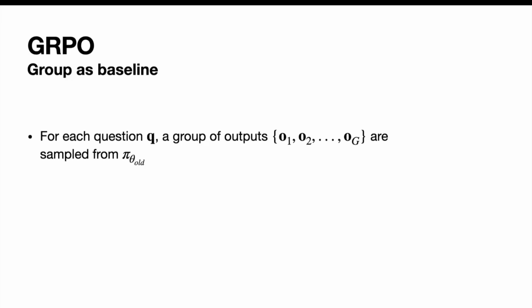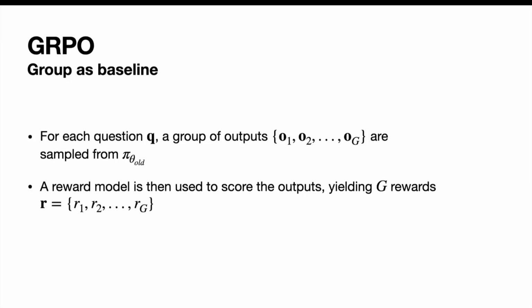Now, let's see how GRPO computes the advantage. For each question q, we sample a group of answers from the old policy pi theta old. We denote them as o_1, o_2, and so on up to o_G. Then, the reward model scores each answer, giving us G reward scores, r_1, r_2, and so on up to r_G.